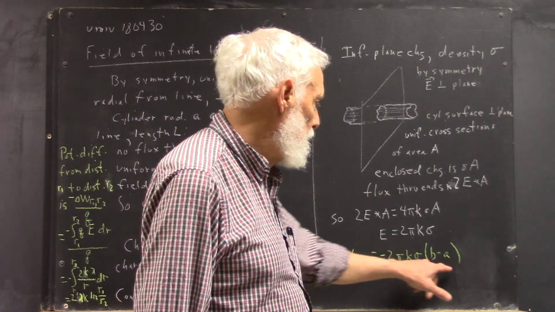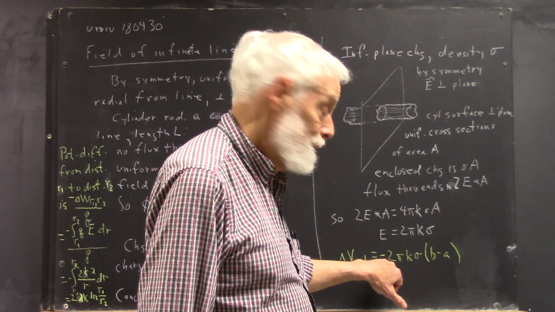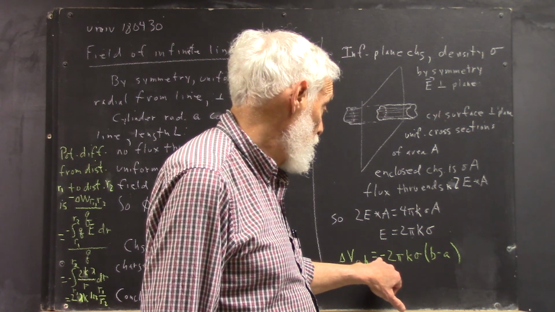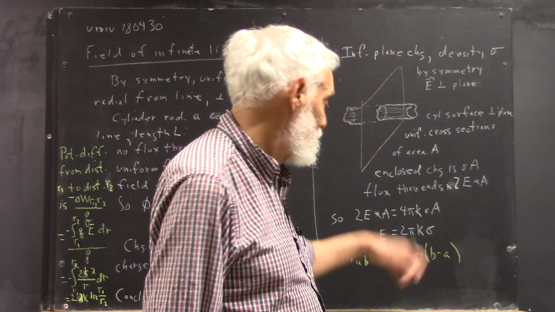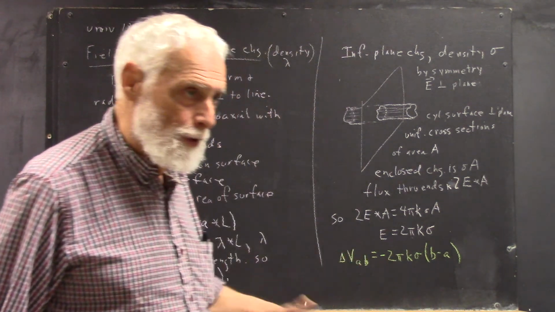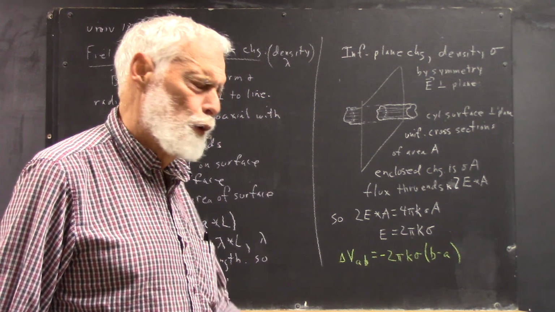Displacement from A to B is B minus A. And then, of course, it's negative that because the change in potential energy is equal and opposite to the work done by the net force. Okay?